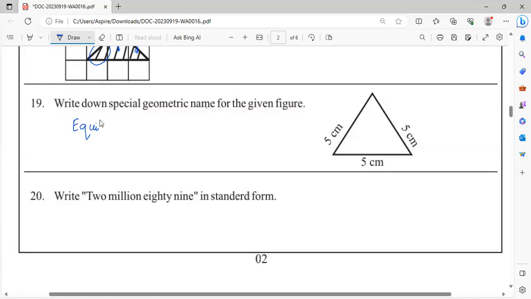What is meant by equilateral triangle? Equilateral triangle means the triangle with equal sides. All sides are equal. This denotes that all sides of this triangle are equal. Therefore, it is called an equilateral triangle.